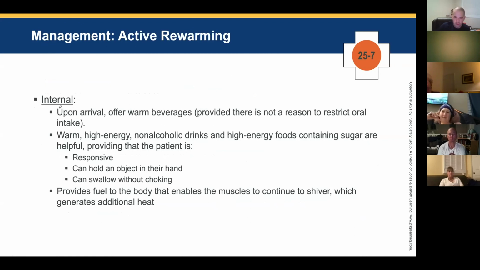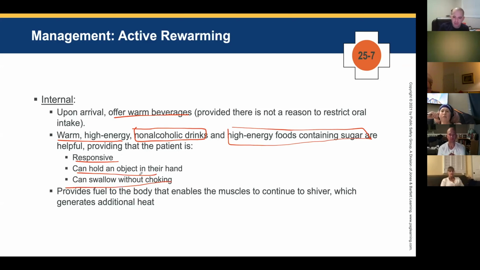So, and then we have internal ways that we can rewarm somebody, and that's usually offering warm beverages. So typically, either hot tea, hot chocolate, hot cocoa, something along those lines. So we want to have warm, high energy, non-alcoholic drinks, all right, and high energy foods containing sugar, which are usually helpful, providing that the patient is responsive, can hold the object in their hand, and can swallow without choking.